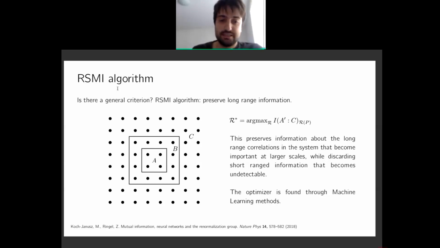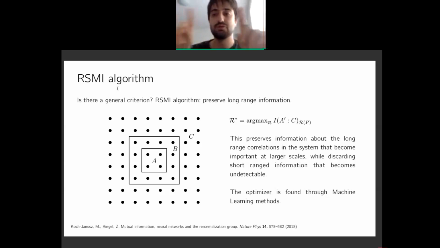And in 2018, Maciej Koch-Janusz and Zohar Ringel came up with the RSMI algorithm just to answer this question. RSMI stands for Real Space Mutual Information, and their proposition is that what renormalization is supposed to do is give you an effective model that works at large scale. So what you are interested in is that you preserve whatever information the block has about its faraway environment.